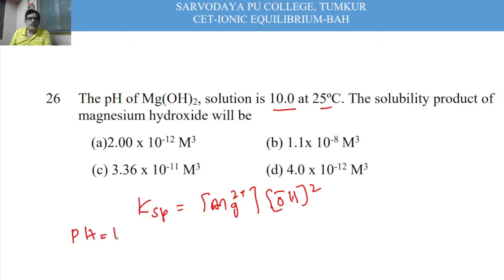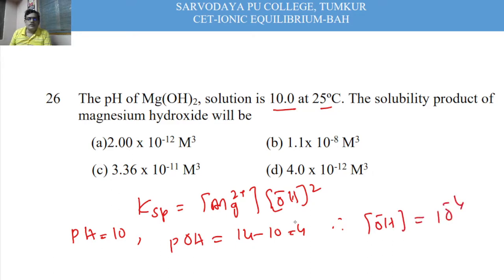pH is 10, therefore pOH will be 14 minus 10, that will be 4. Therefore the concentration of OH- is 10 to the power of minus 4. So that's what you have to substitute here.